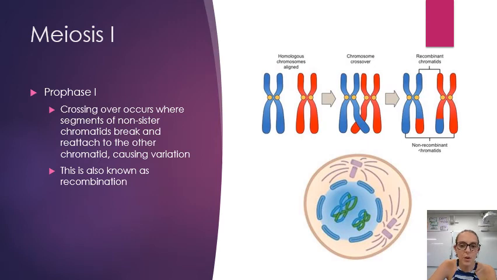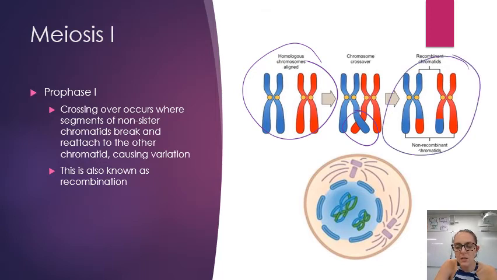This is that crossing over phase. You can see here we've got homologous chromosomes. They come together and form a tetrad, and they do this exchanging of material. And so now we have two unique pieces of DNA or chromosomes that are different from one another. And this is how we get our variation in each of the sex cells.